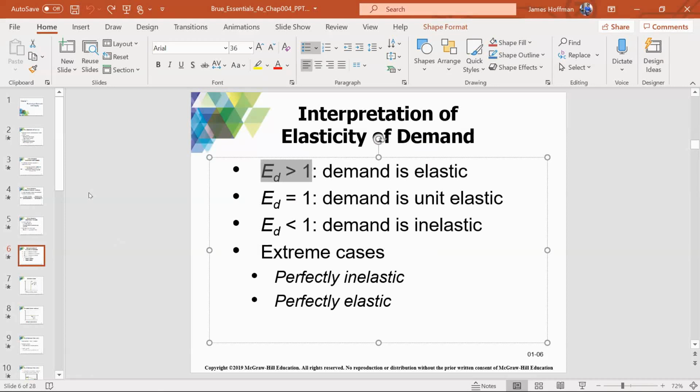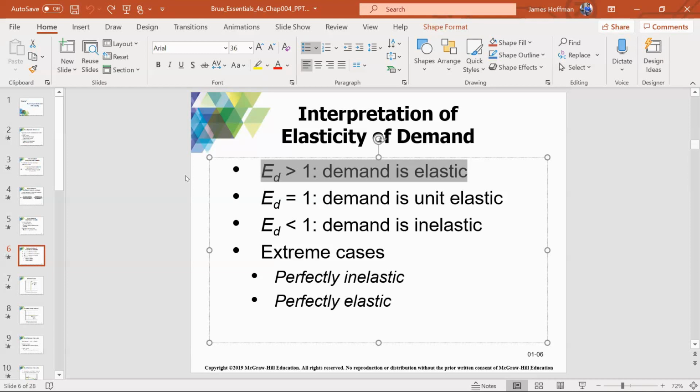Okay, so when you take the absolute value of the negative elasticity, or you just eliminate the sign entirely, whether it's bigger or less than 1 determines if it's inelastic or elastic. If the absolute value of your elasticity is bigger than 1, that means it's in the elastic region. That's just mathematically saying that demand is responding more than price.